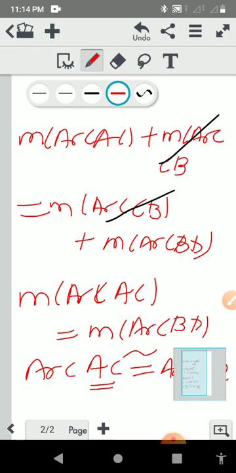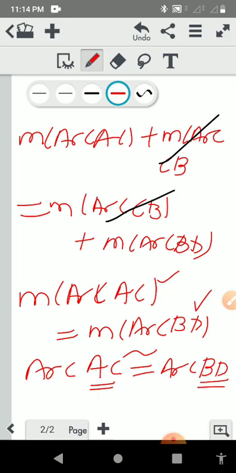Then arc AB can be written as AC plus CB and arc CD as CB plus BD. CB and CB cancel out, and arc AC is congruent to arc BD.